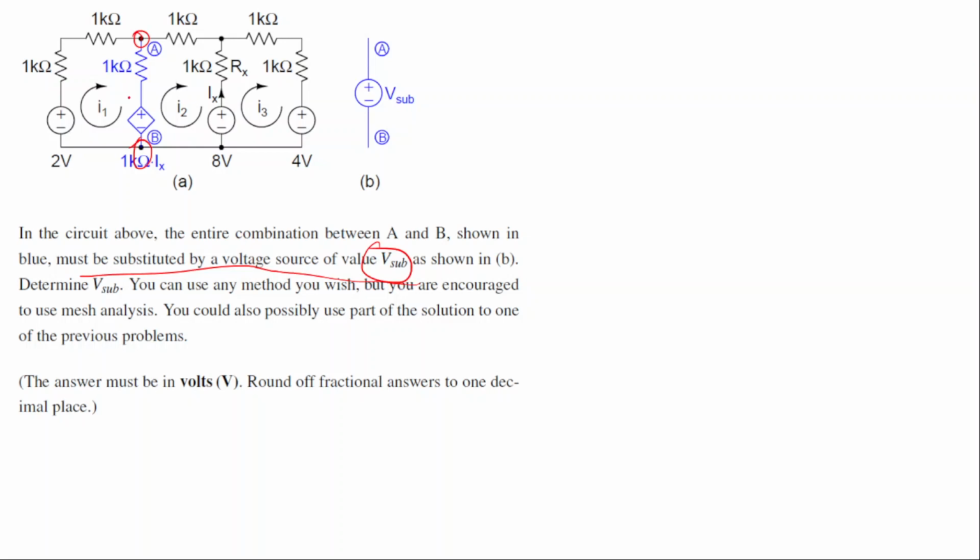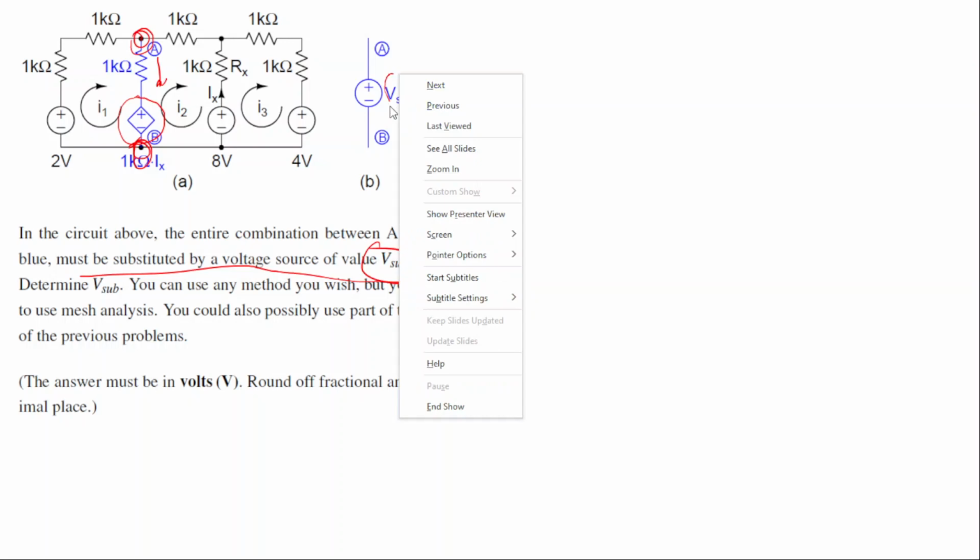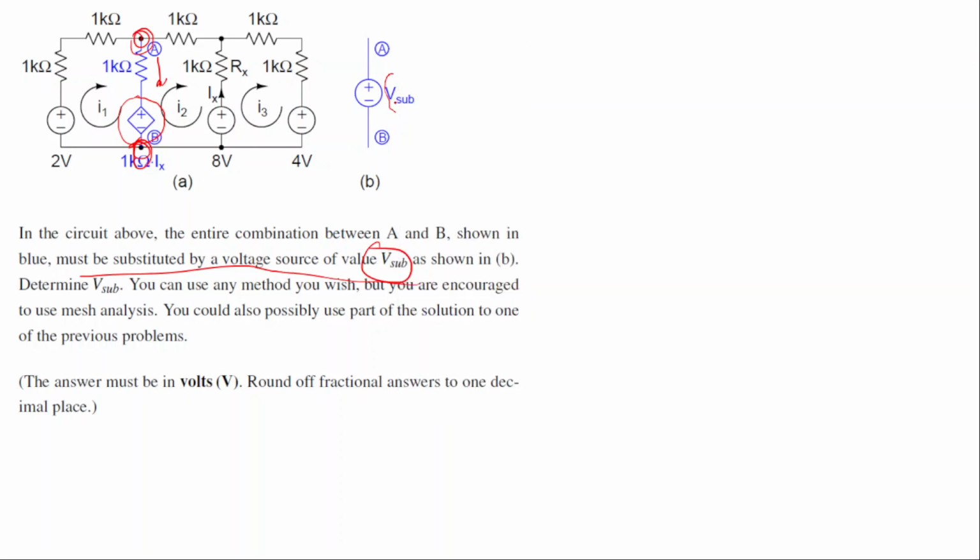After finding the current in this branch, and once we know the voltage generated due to this voltage source, we will find the voltage between these two nodes. This circuit is similar to the previous one. Whatever voltage between VA and VB we get, if we substitute that with this independent source, that will be the value of V sub.